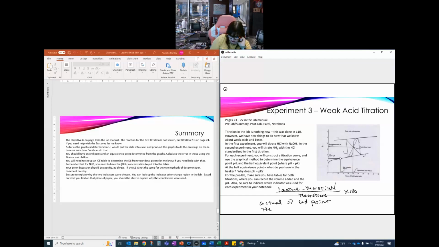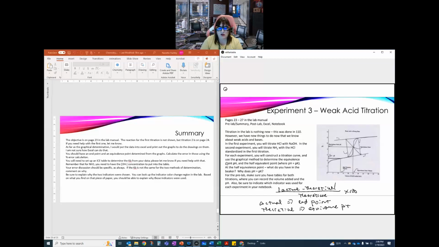Your theoretical is your equivalence point. And then, of course, we're going to multiply by 100. And the reason that I say that the theoretical is the equivalence point is because we want to know how much of an error there is in relation to that equivalence point. So that's what you should do. And there should be one of those for each of these titrations.